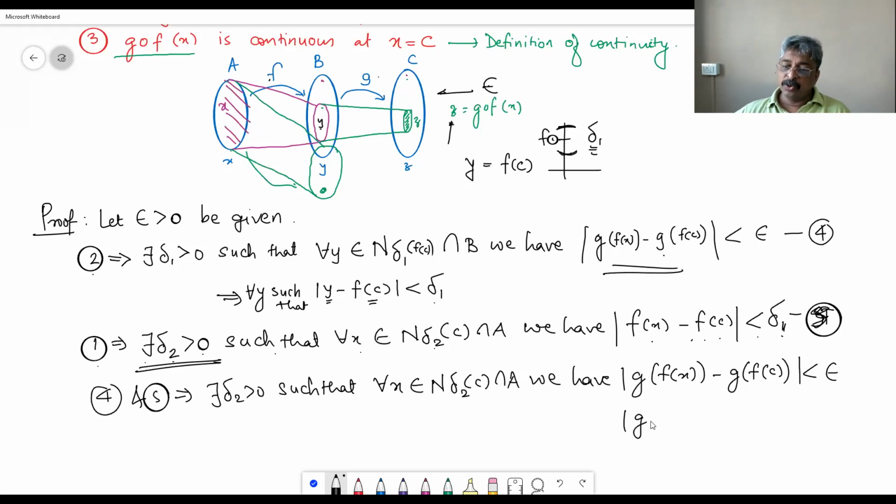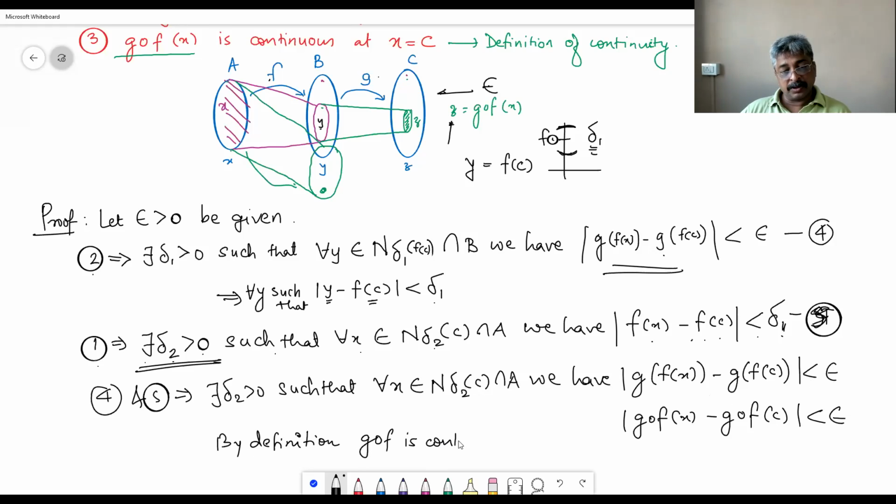This is |g of f of x minus g of f of c| less than epsilon, and hence by definition g of f is continuous at x equal to c. It is simple, but we need to get it done through epsilon delta.